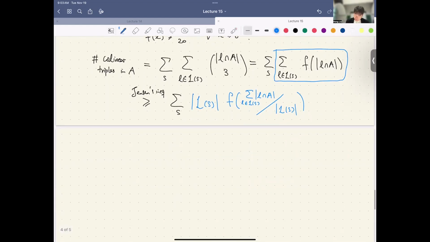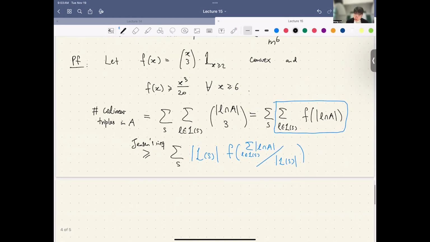Now, let's further simplify it. We know that f(x) is at least x cubed over 20 when x is at least 6. So this is at least the sum over all directions of the number of terms.